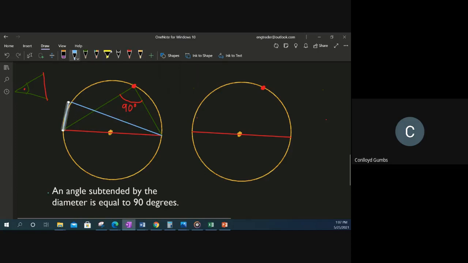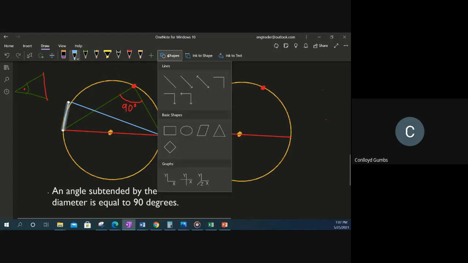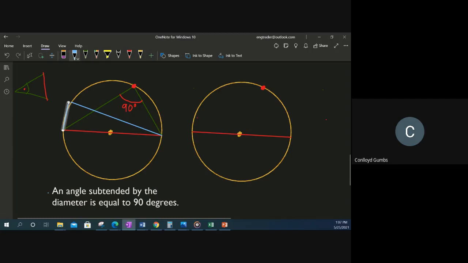Once this here is the case, we know that they subtend the diameter. So if you look at that, the diameter closes this. So guess what? That means that here is also 90. Okay? Here is also 90.